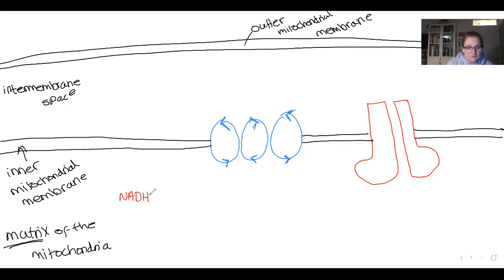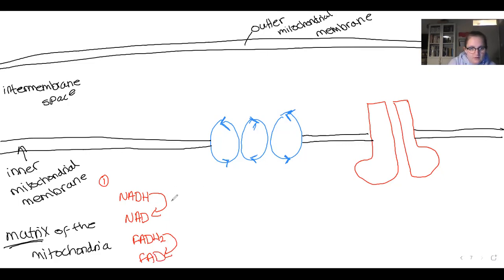They're oxidized, so this is stage one. Reduced NAD is oxidized to NAD, and exactly the same happens to reduced FAD, which is oxidized to FAD. When these are oxidized, hydrogen atoms are released.